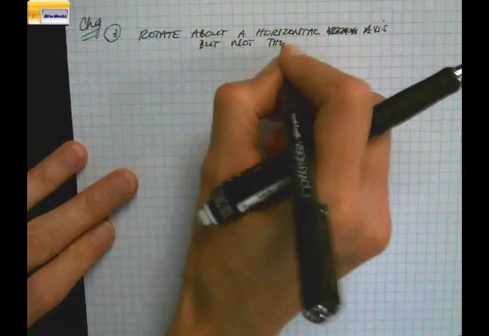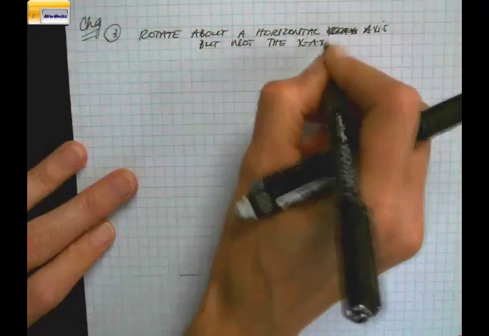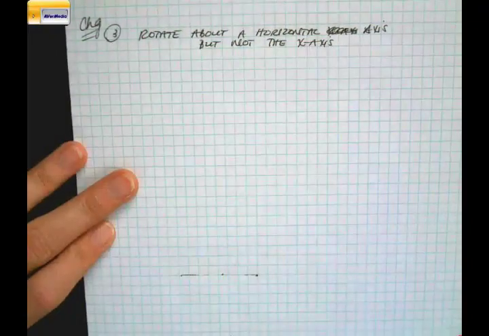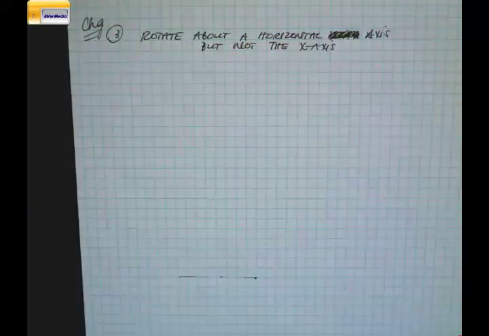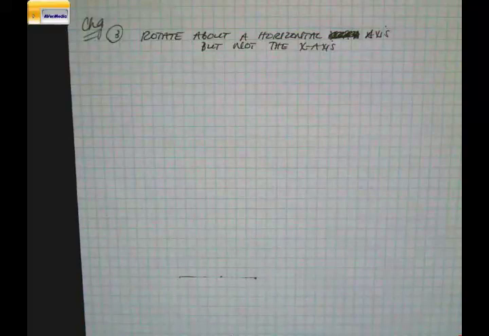Okay, everything we've done so far, we've been rotating specifically around the x-axis. So suppose we don't want to rotate about the x-axis, we want to rotate about some other horizontal axis. It's not that much more difficult, but you need a good picture to get an understanding of what your radius is going to be.